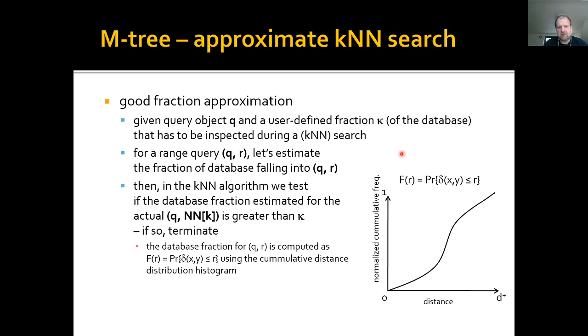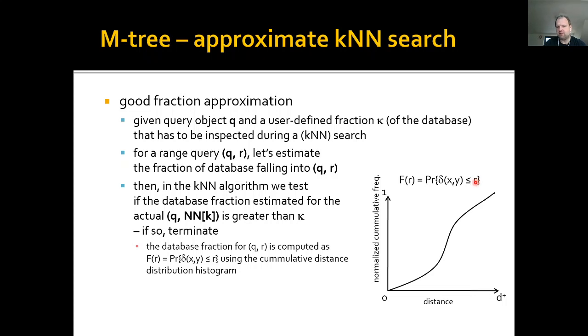The third heuristic is good fraction approximation, and that's a heuristic based on the distance distribution. It basically assumes that we know or observe the probability that two distances are below some threshold r.